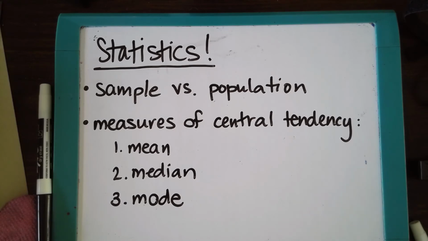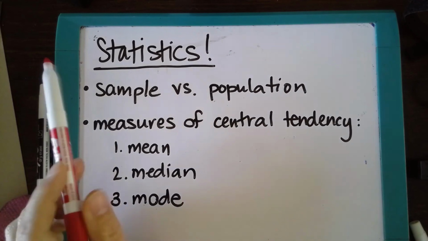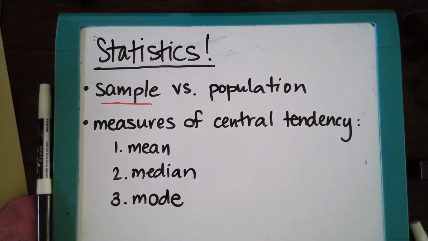So if I want to know what the typical Canadian is doing in quarantine, I really don't have the resources to be able to poll all 35 million Canadians to find out what they're doing in quarantine. So instead of actually studying whole populations, we might just take a sample of that population.